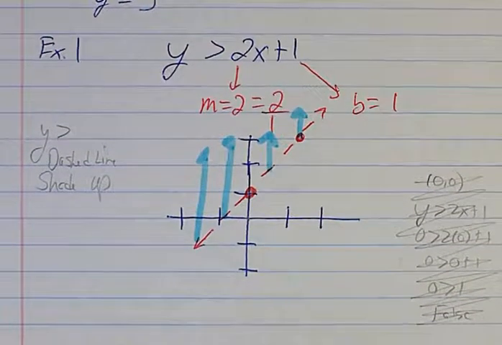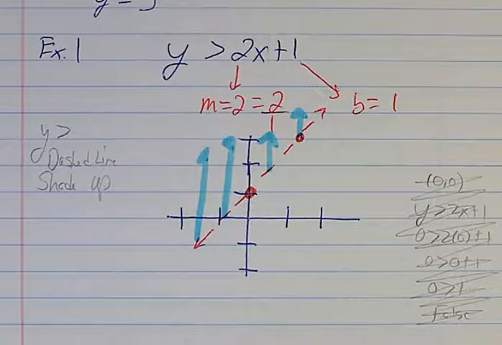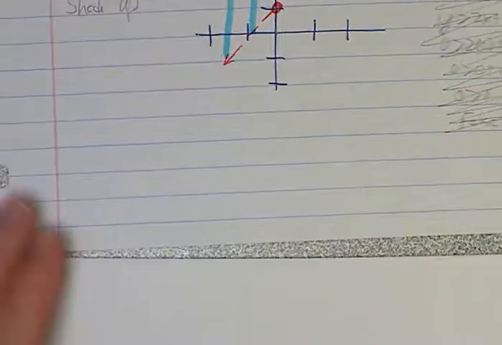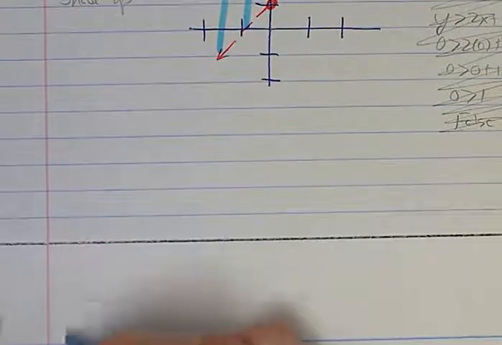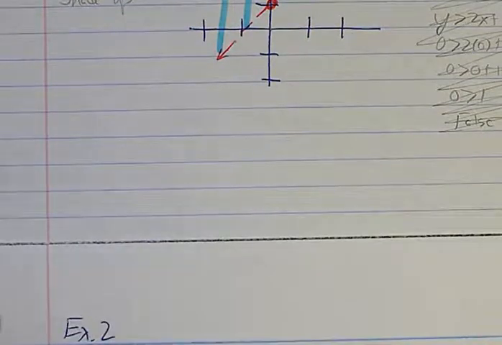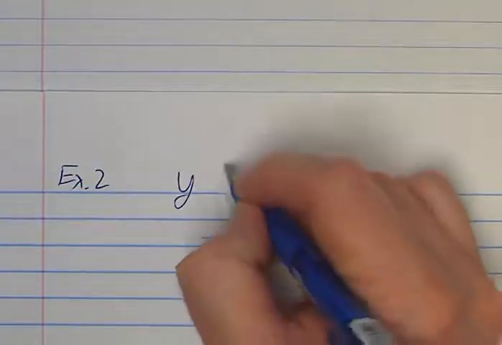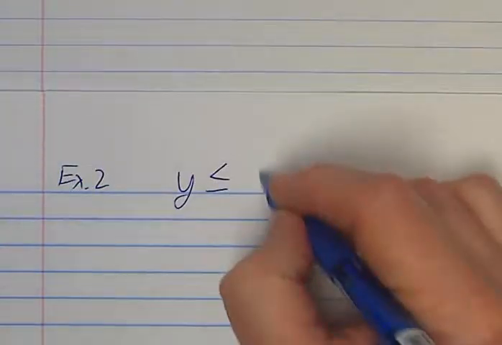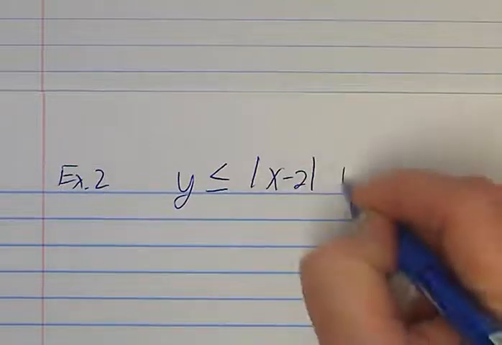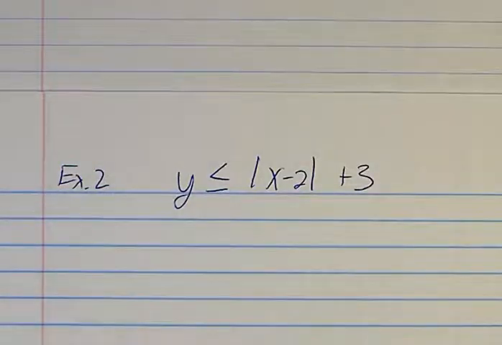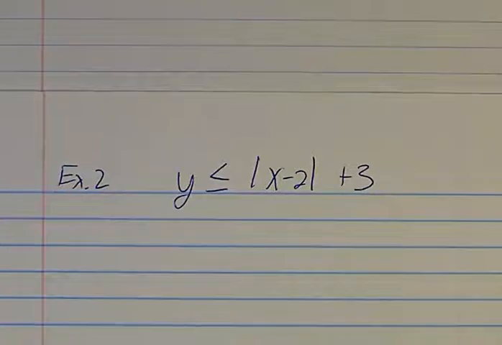All right, I think I've got 3 more examples. Let's go y less than or equal to absolute value of x minus 2 plus 3.